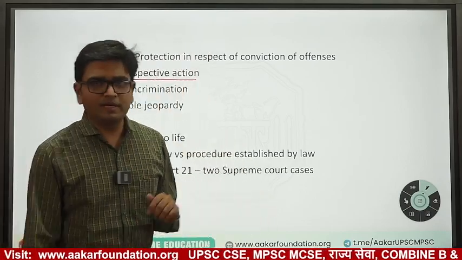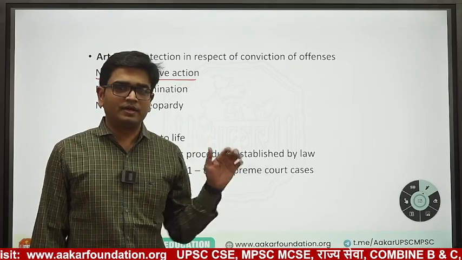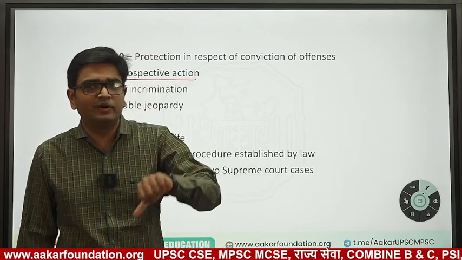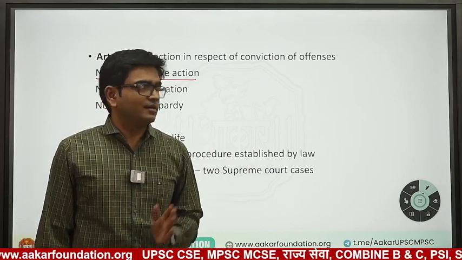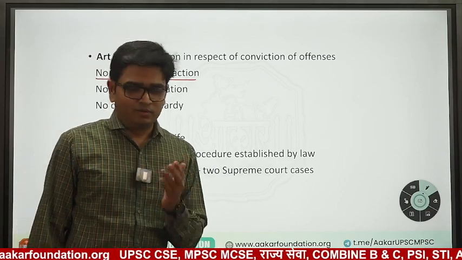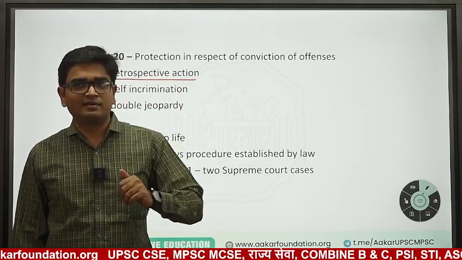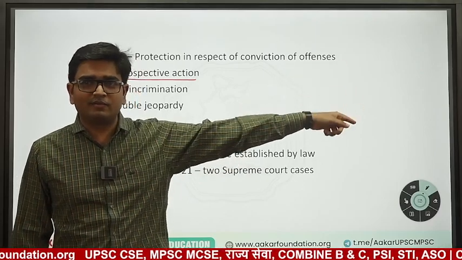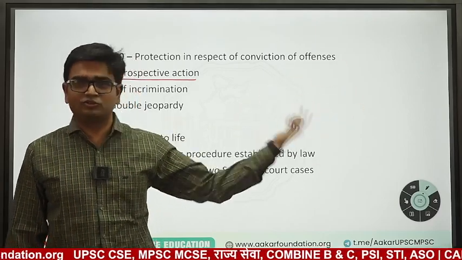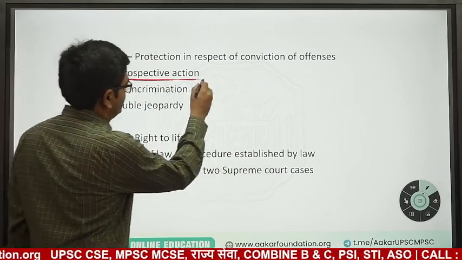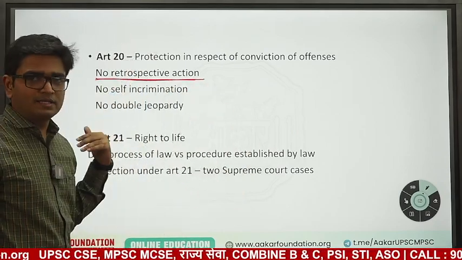If a murder is committed in 2015, but murder was not a crime in 2015 and became a crime in 2018, then a government cannot bring a law saying that murder is illegal and shall be applicable to 2015 also. That person who committed an act which was not a crime at that time shall not be convicted. So no retrospective action, meaning backdated action cannot be taken.